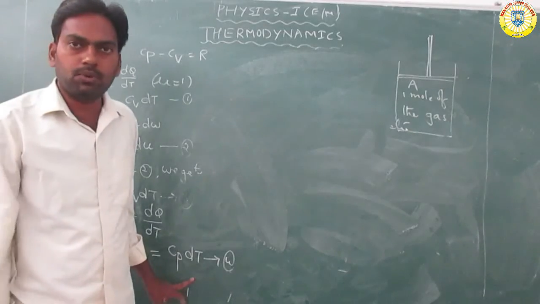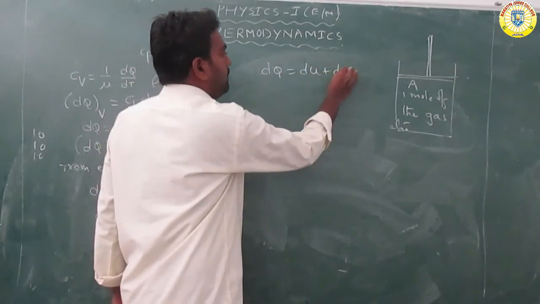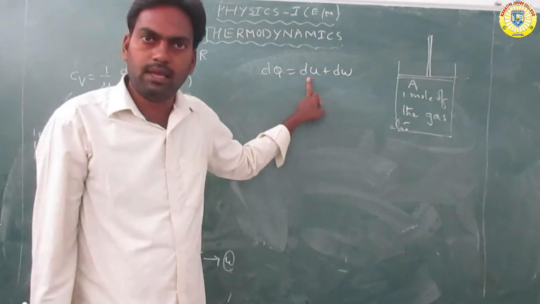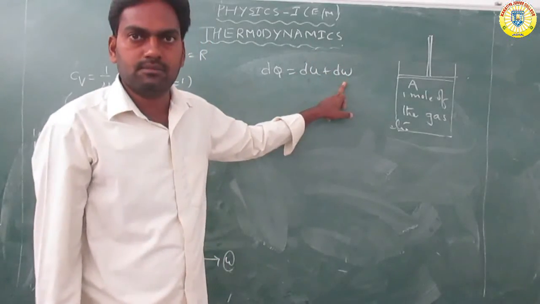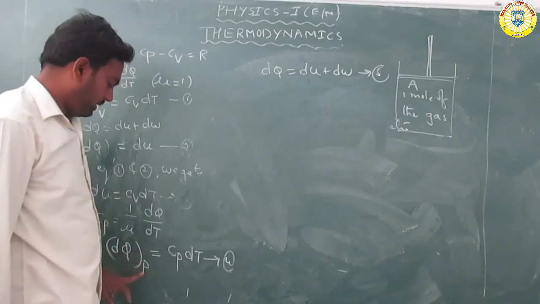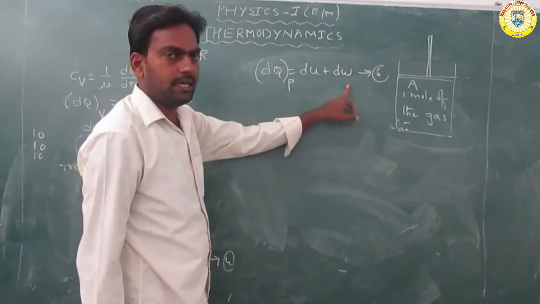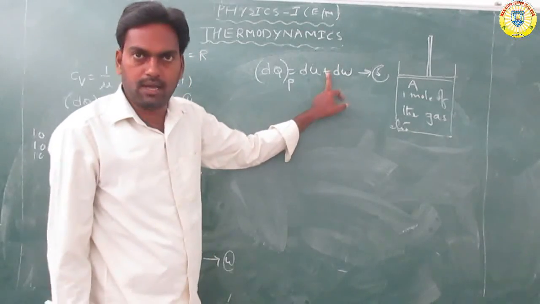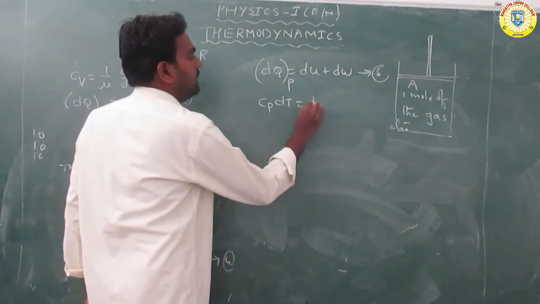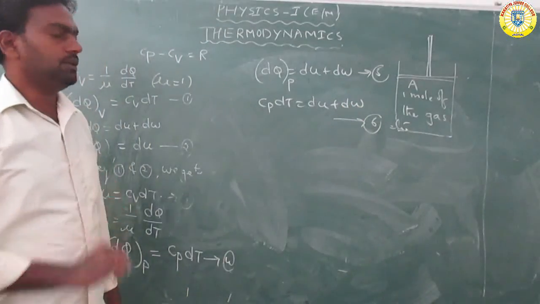According to the first law of thermodynamics, dq is equal to du plus dw, since the heat is used for increasing internal energy and doing work. This is equation 5. Comparing these two equations, Cp dt is equal to du plus dw. This is equation 6. Now we continue in the next class.